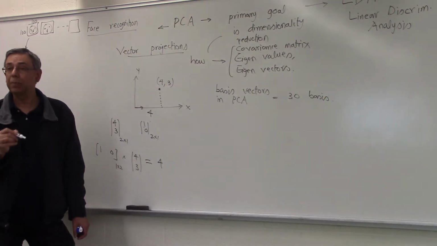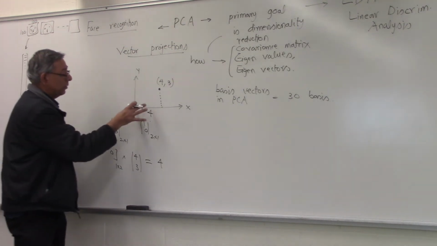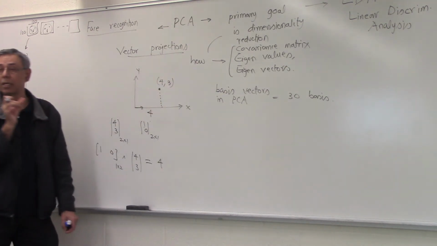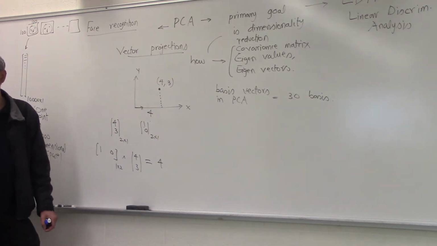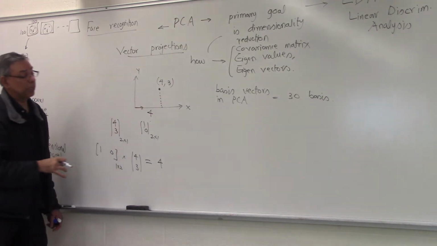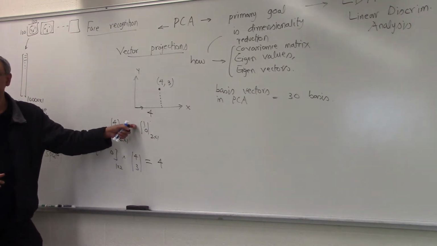Each one of them, just like over here in two dimensions, where each data point had two components and the basis vector, like the x, also had two components.